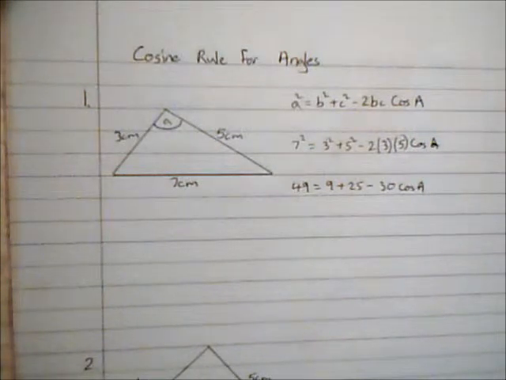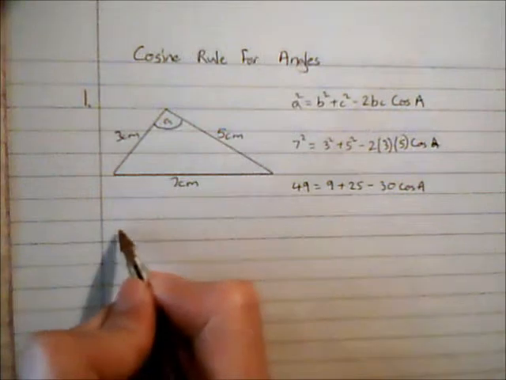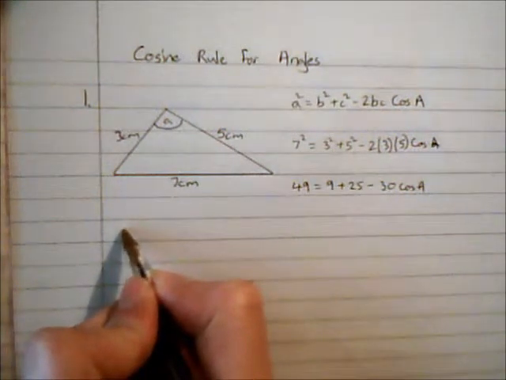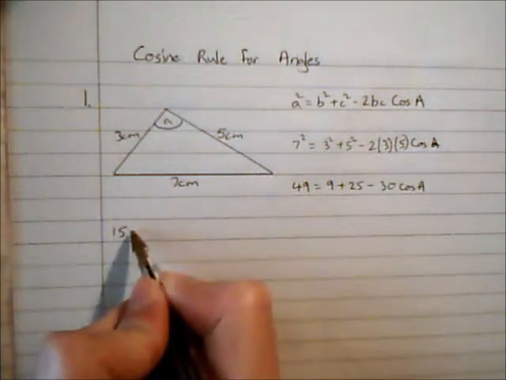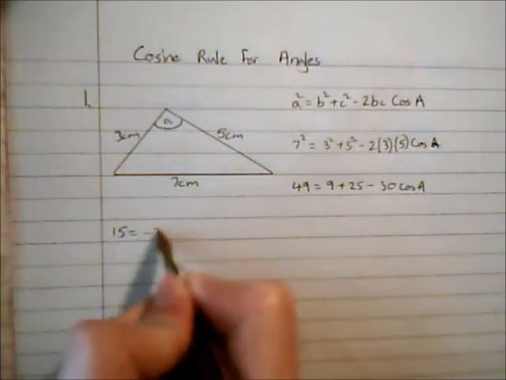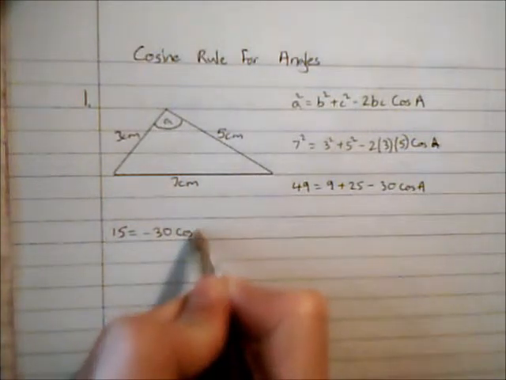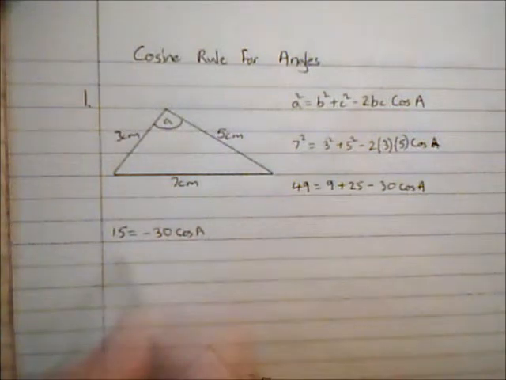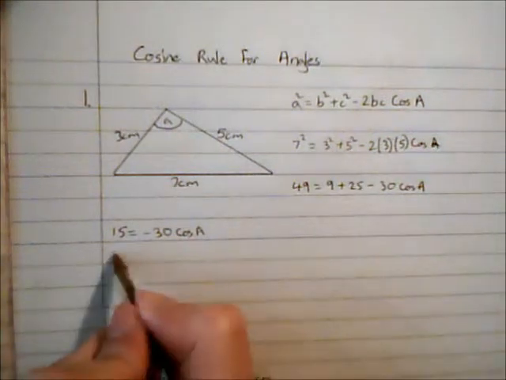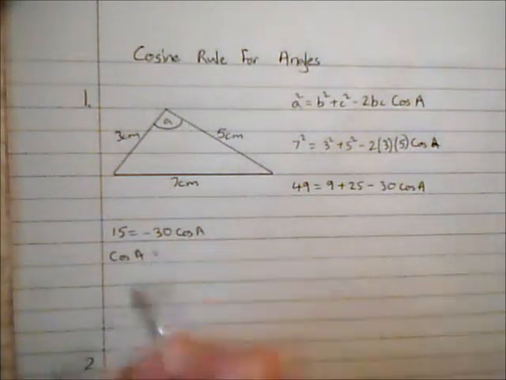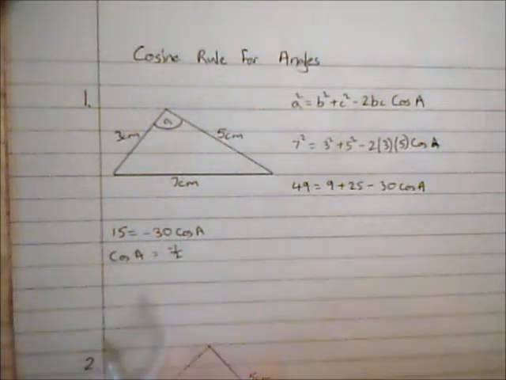So I'm going to subtract 9 and subtract 25. So I'm then going to get 15 is equal to negative 30 cosine A. I'm going to divide through by negative 30, so cosine A is negative a half.